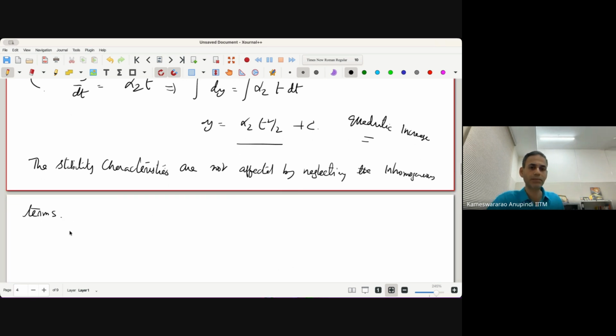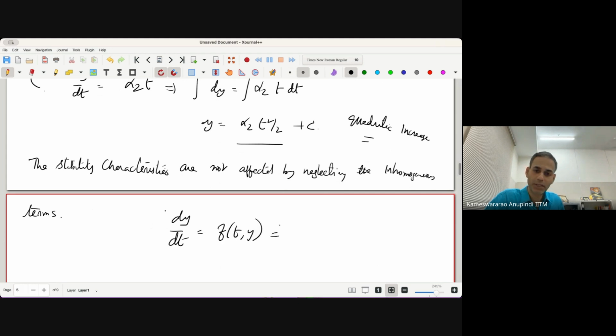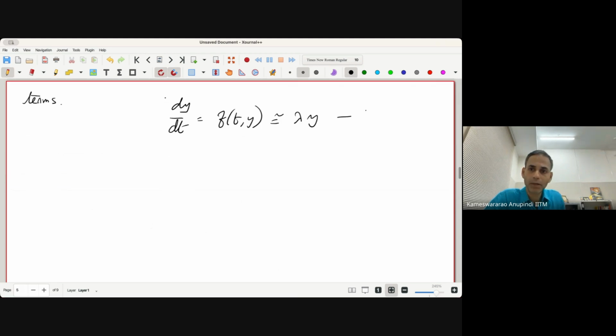So that's why we could neglect them. Now we want to deal with our model equation. We said dy/dt equals f of t, y, and this f of t, y is now equal to lambda times y. So that is our model problem that we want to solve.